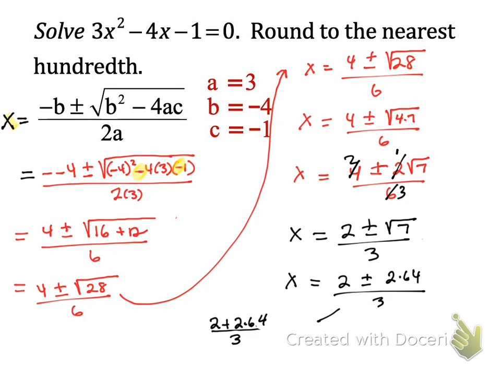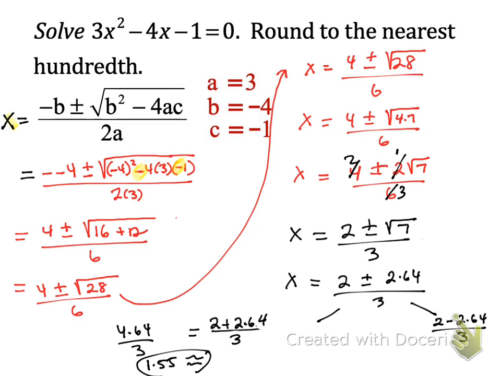And then the next one is, or it could be 2 minus 2.64 divided by 3. So I end up with 4.64 divided by 3, which is 1.54 or 1.55. So it's about 1.55.